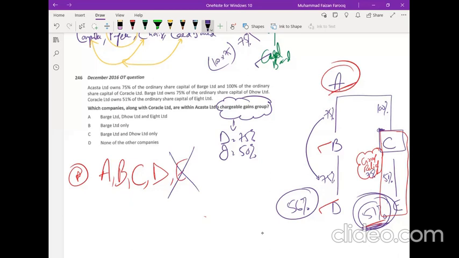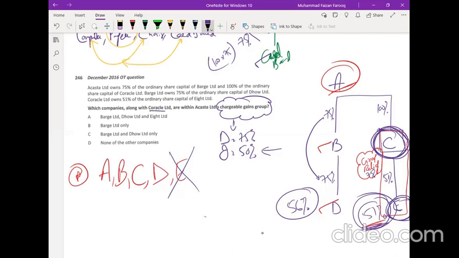Although it's 50%, there is a small rule: C and E must form a 75% group in order to take E in the capital gains group.